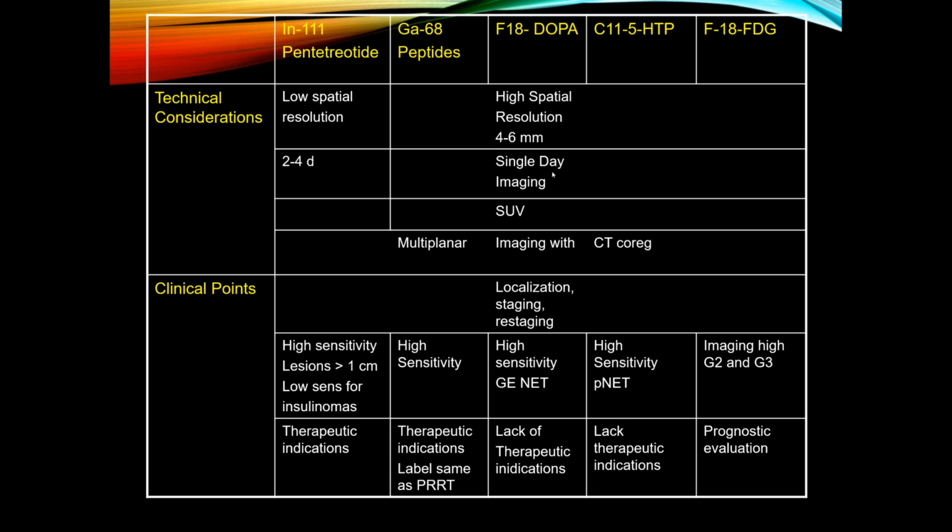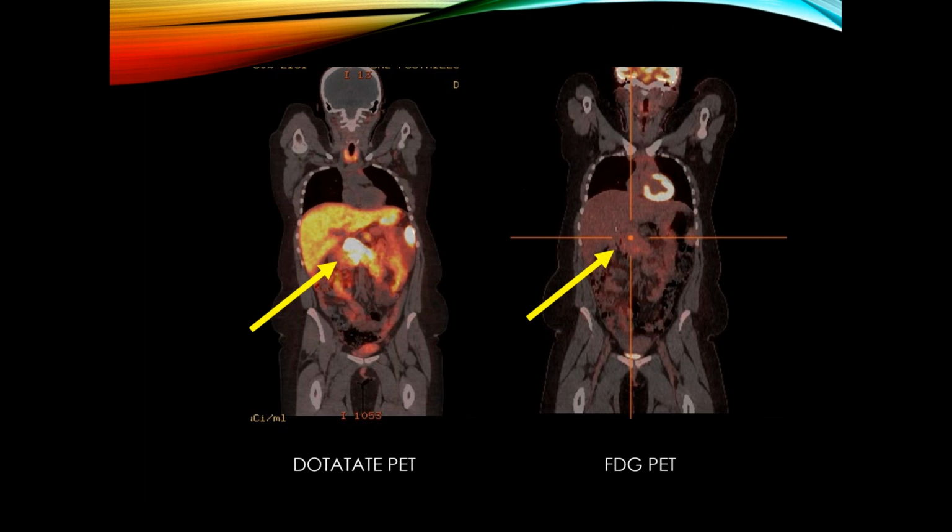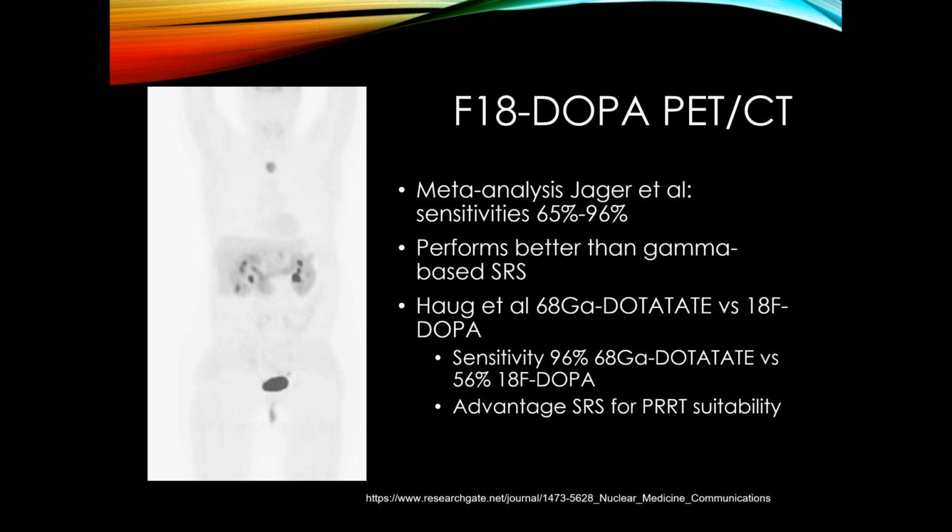In terms of the copper scan, no, I don't think so at this point. I'll be honest, with Canada, we have a lot of regulations in terms of Health Canada. Dotatate was research based to get it, but now we have NetSpot, which is commercially available. But even that was a hurdle. And the big thing is costs.